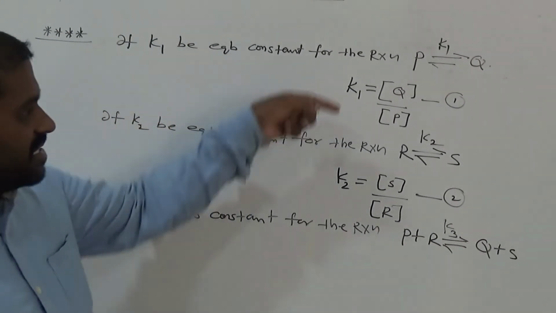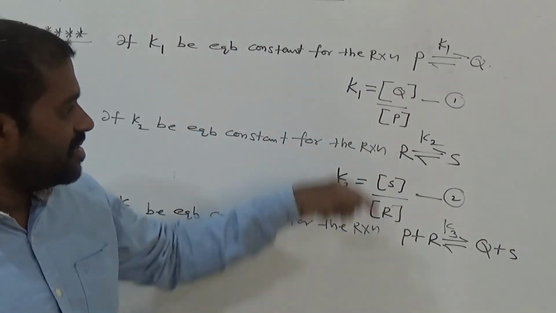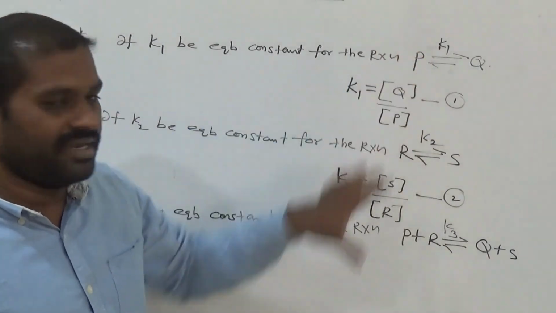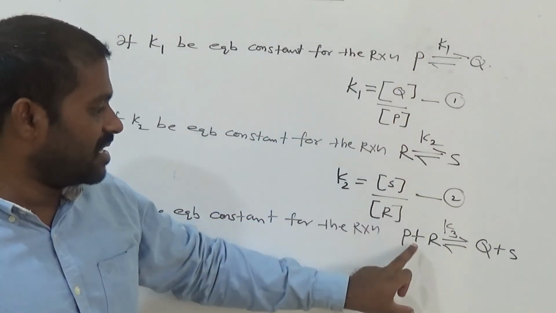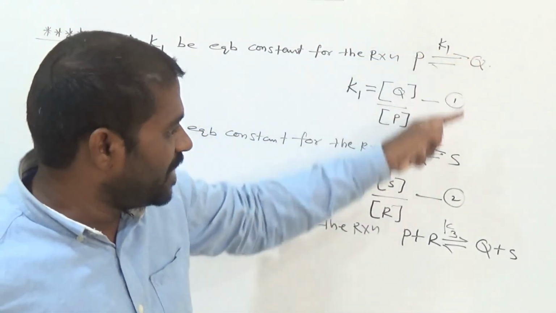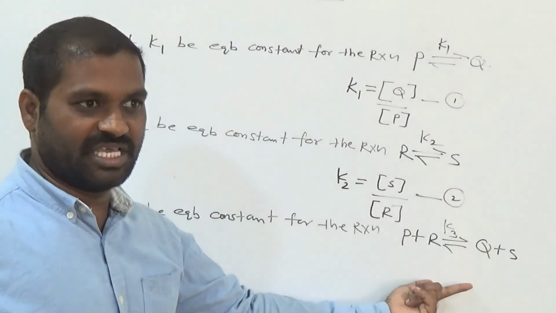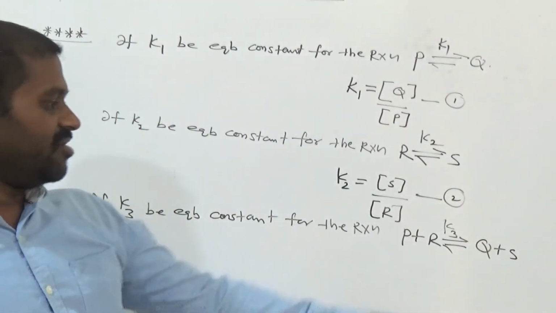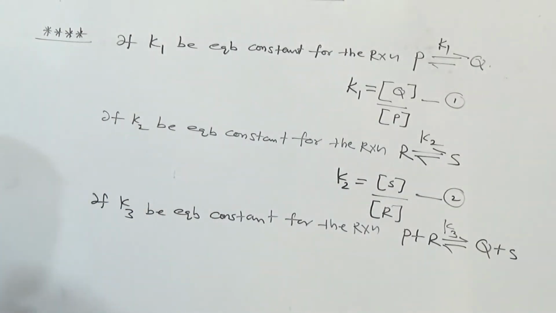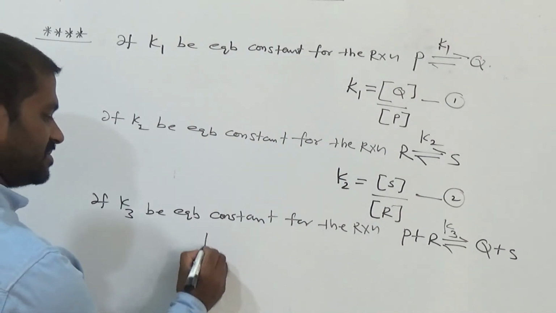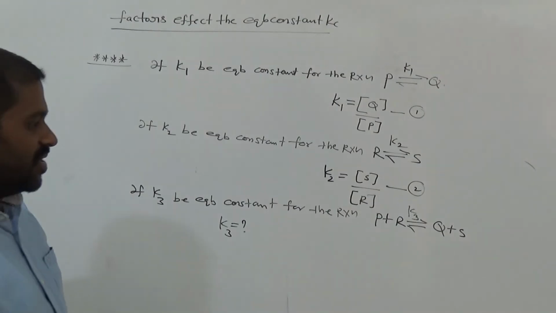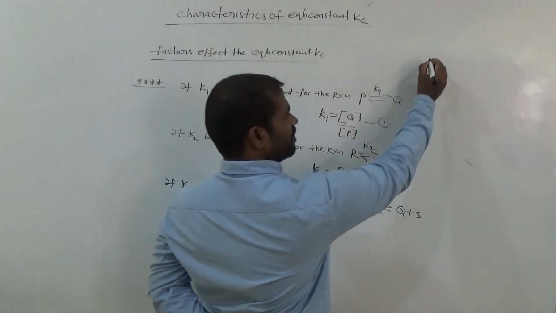So that means here these two equations are added, P plus R, Q plus S. These two are added at same side. Then we get this equation, remember this, very important, where equilibrium constant is taken as K3. Understood now? So now, what is the value of K3? Write the expression for K3 here.